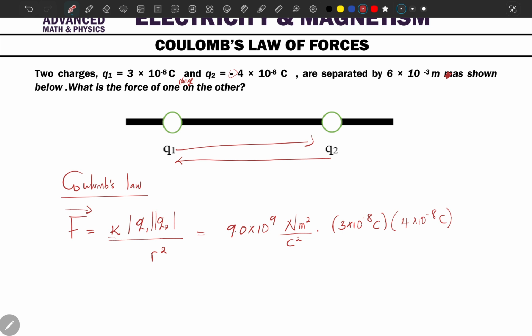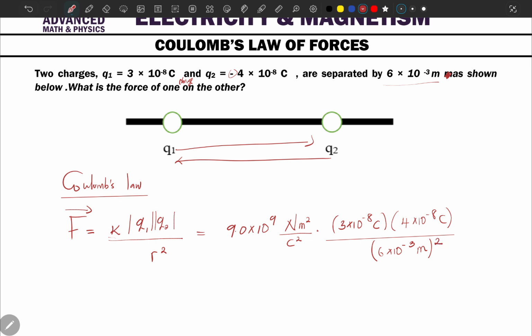We are interested in the magnitude only. We divide everything by r squared, which is 6 times 10 to the power negative 3 meters, squared.